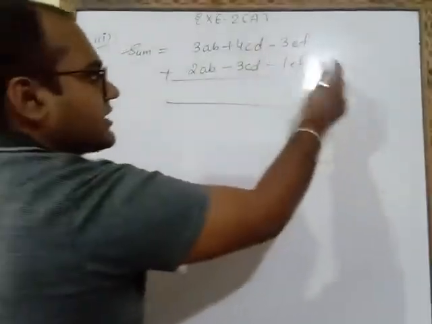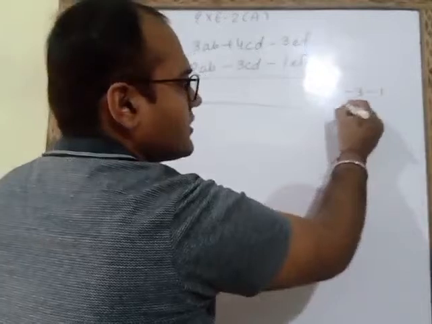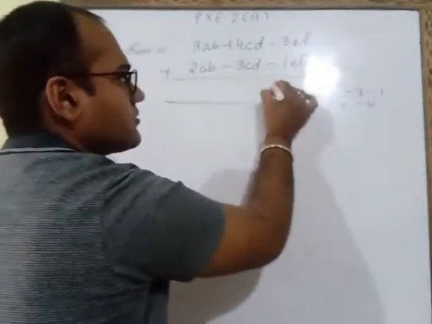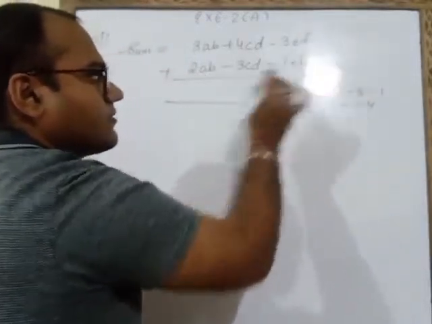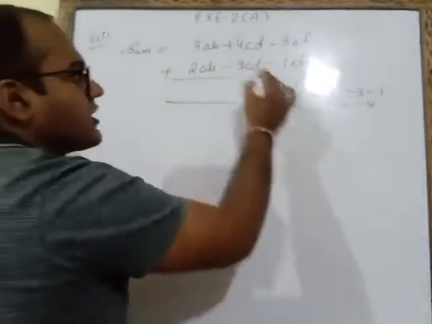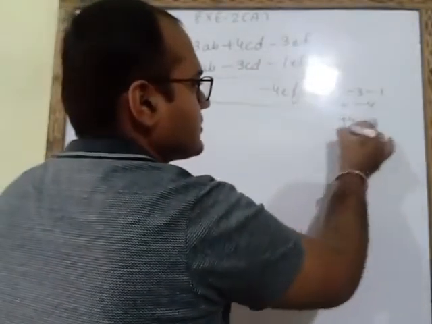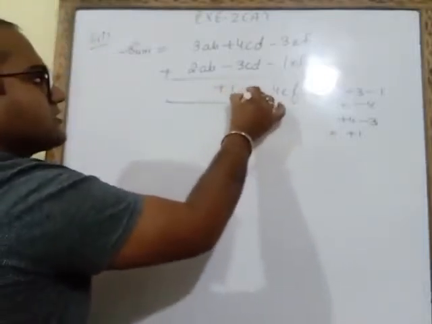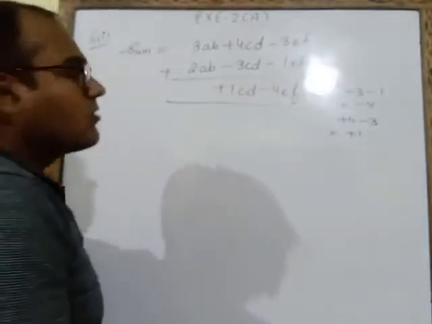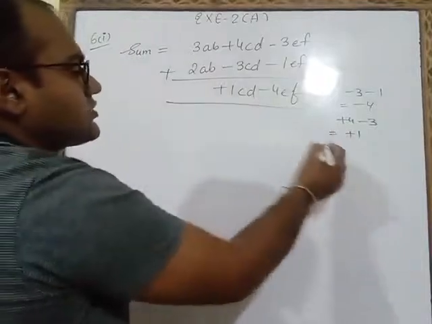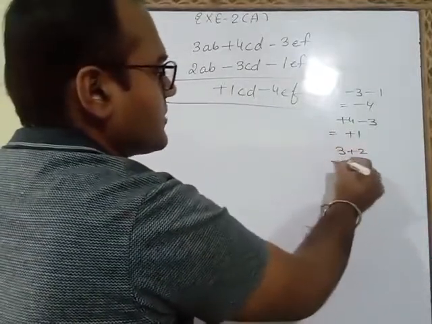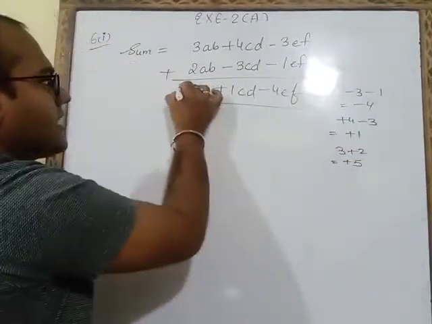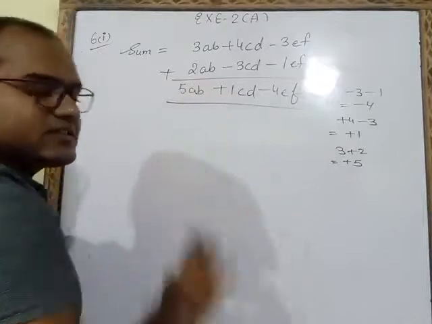Minus 3 and minus 1, on solving these two we will get minus 4. EF alphabet we will write as it is. Plus 4 and minus 3, on solving these two we will get plus 1. So plus 1 CD. Now plus 3 and plus 2, answer will be plus 5. So here we will write 5AB. So this is the sum.